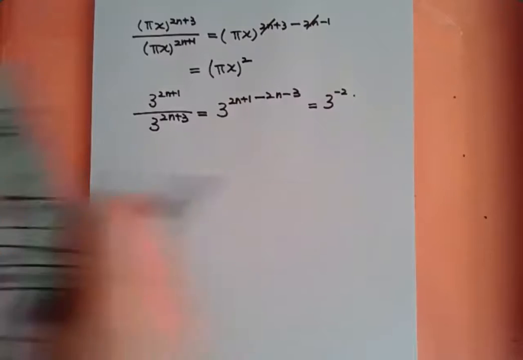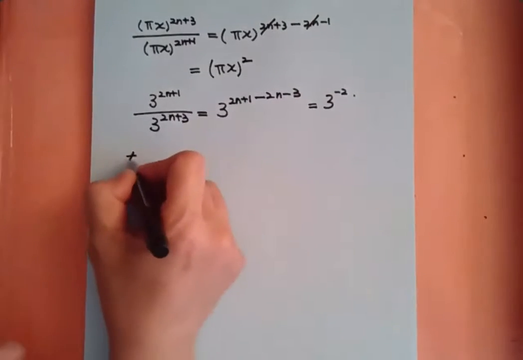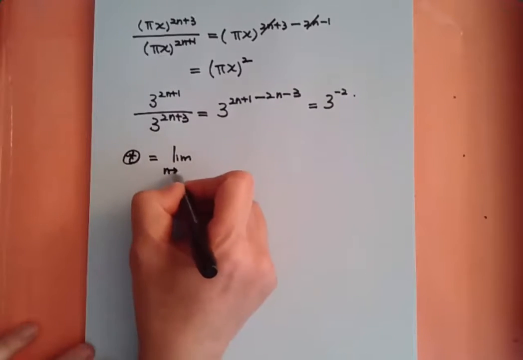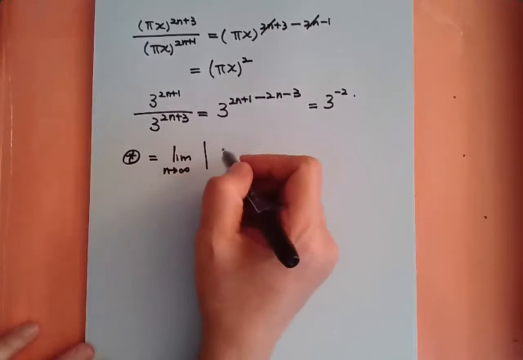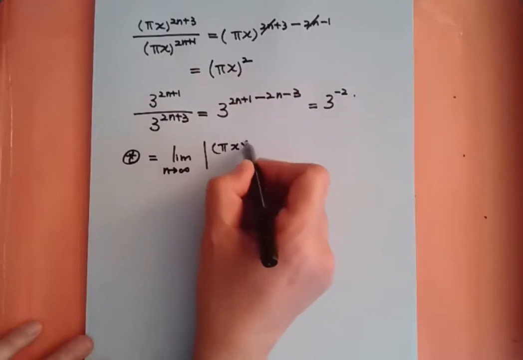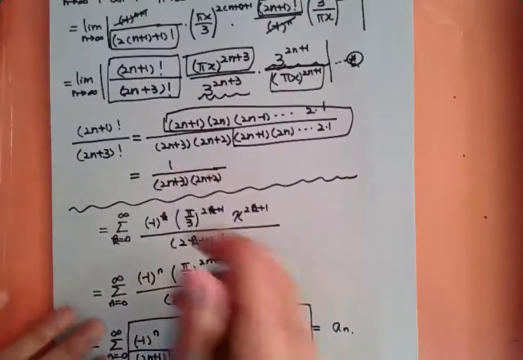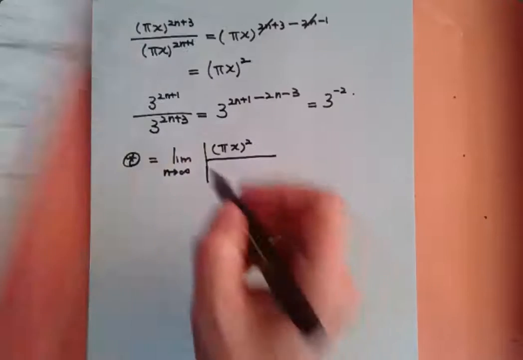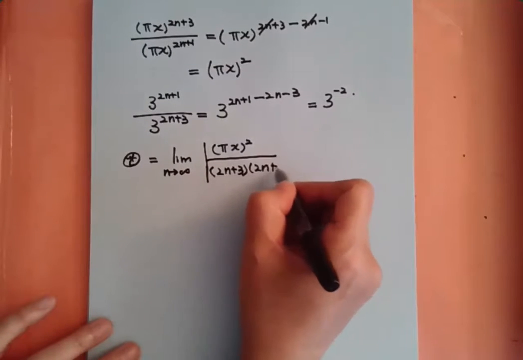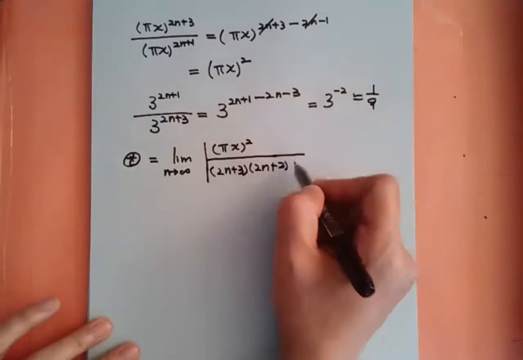So we go back to here and combine all things together. Then we get the limit as n goes to infinity of (pi x) squared over (2n+3) times (2n+2), and this one is 1 over 9, so times 9.